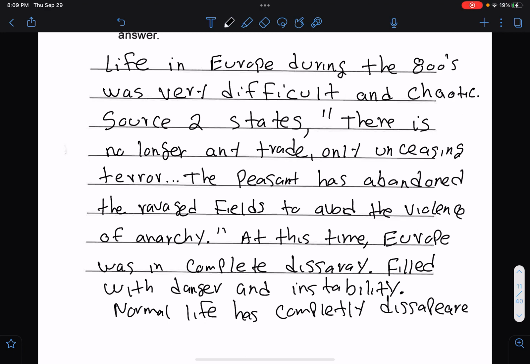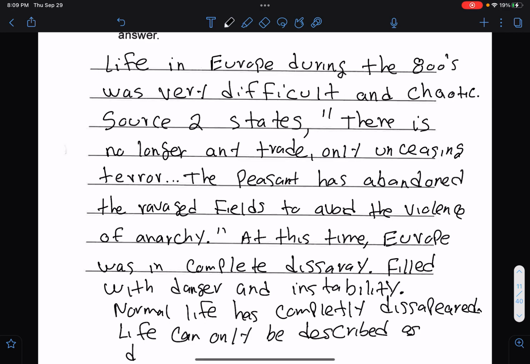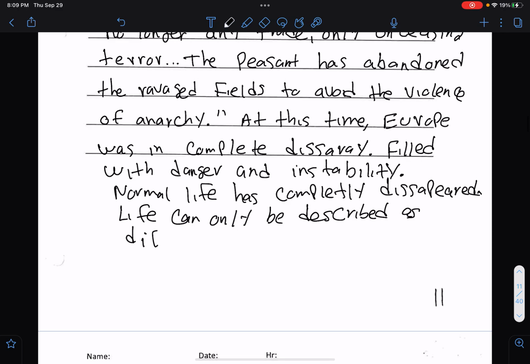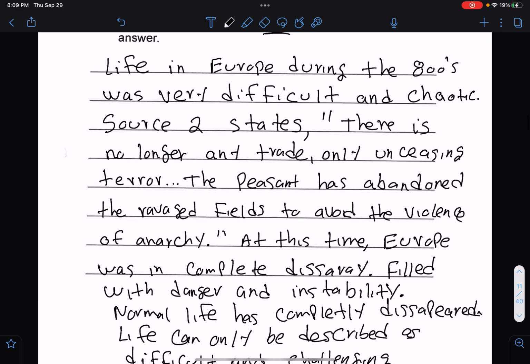If I misspell something, I'm sorry. Life can only be described as difficult and challenging. Okay, so I have a claim, I have evidence, and then I have an explanation.